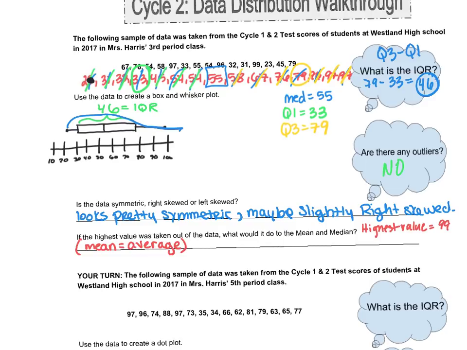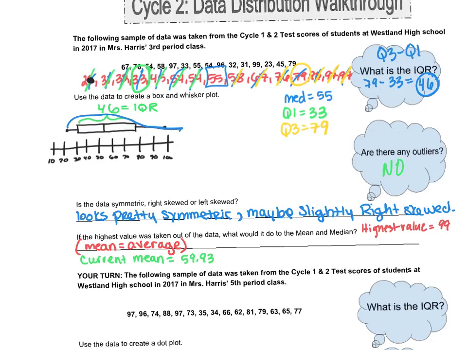So I went ahead and calculated this, and I think this is the only way that you're going to be able to answer this question. So I went ahead and said our current mean, if I added all of our numbers up and I divided by how many there were, I got 59.93.